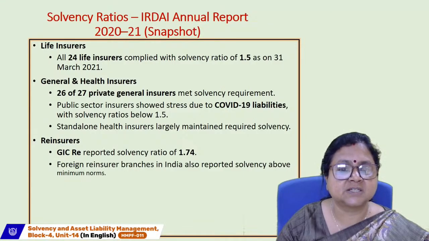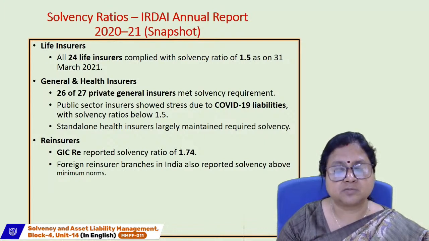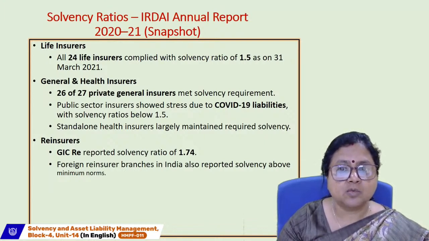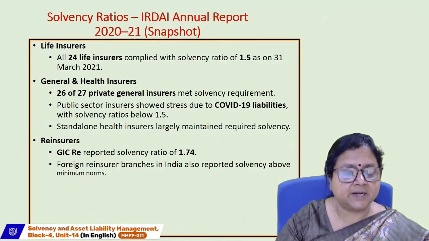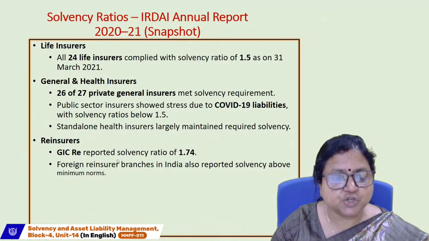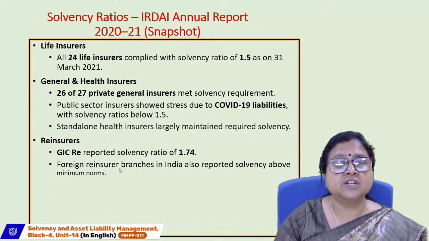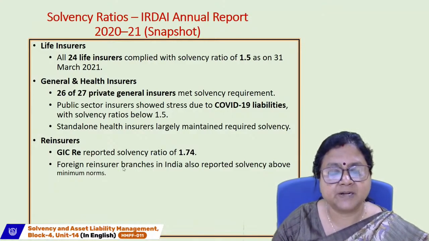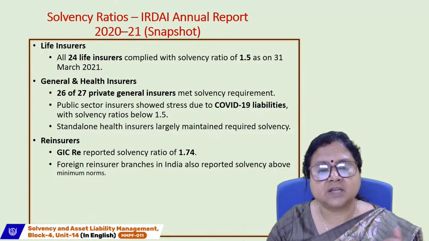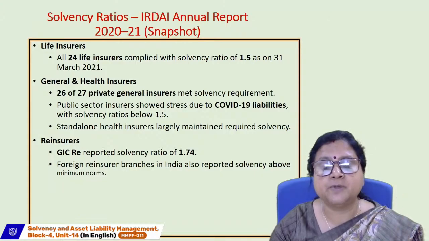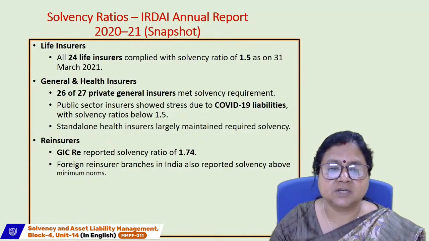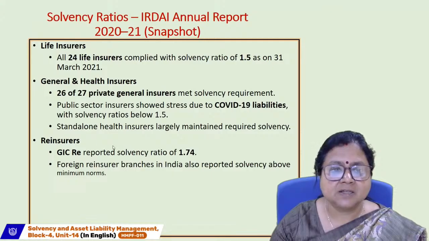Foreign reinsurance branches in India also reported solvency above the minimum norms. The minimum norm is 1.5, that means 150%. So GIC Re and the foreign reinsurance branches have maintained it, and it is advisable for foreign reinsurance branches to go beyond the prescribed solvency ratio, and they were all financially stable.